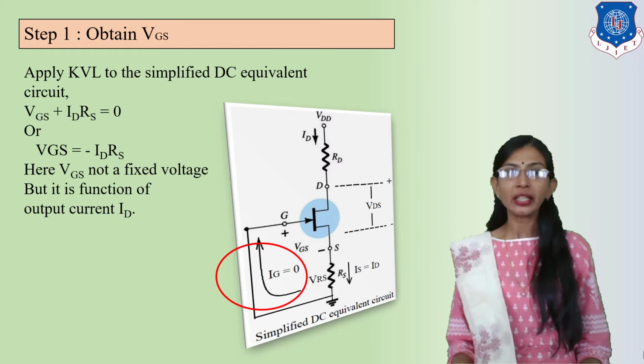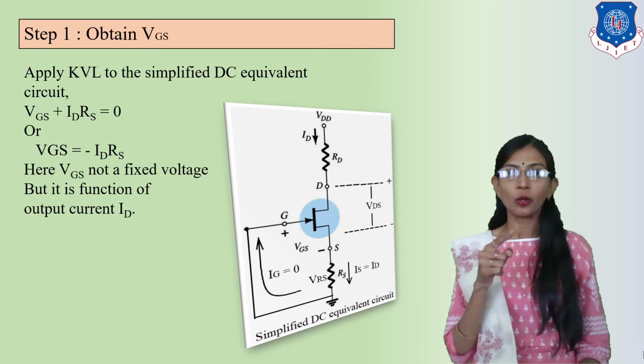This is step 1, obtain VGS. So let's apply the KVL with the input loop and with the output loop. First of all, we will derive the equation of VGS. VGS plus IDRS is equal to 0. This is the input KVL. It can be in clockwise direction or anti-clockwise direction.